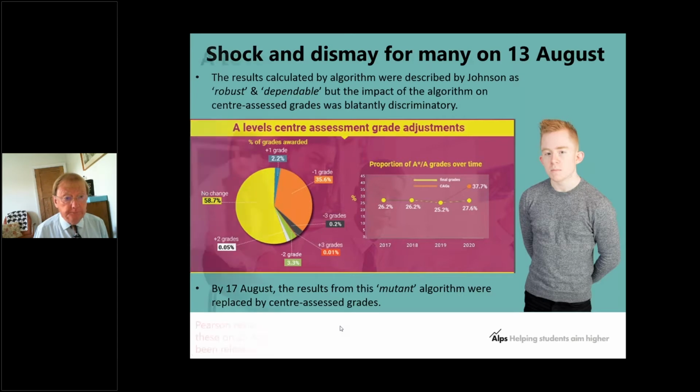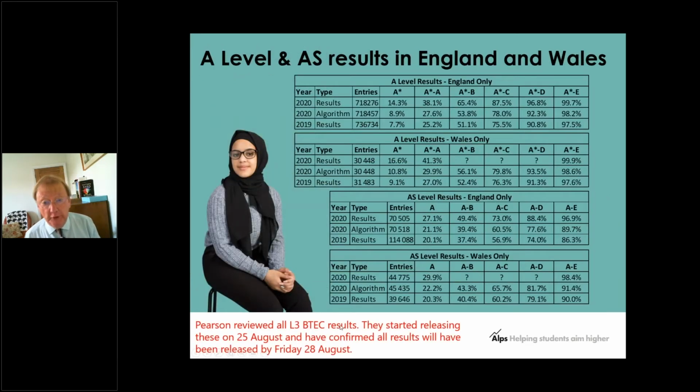Moving on, tabulating the results as best I can, because of course the JCQ files are still not out, but Ofqual and Qualification Wales have put a lot of stuff out, and we can see that there was the rise that I suspect was really what Ofqual, the government, etc., didn't want to see.